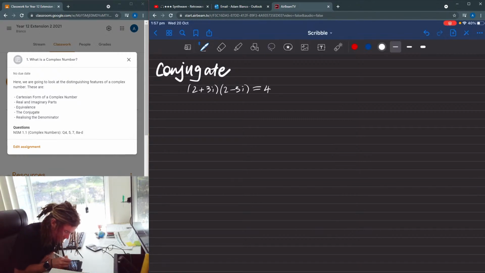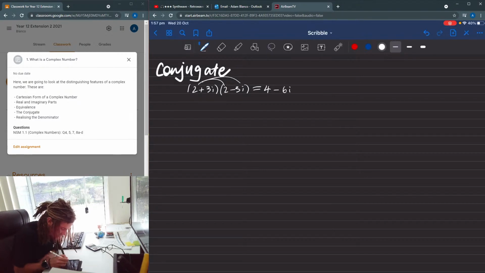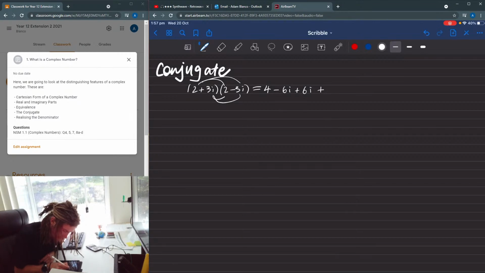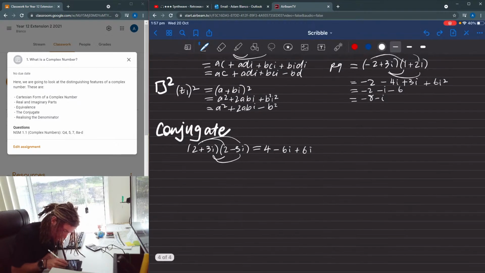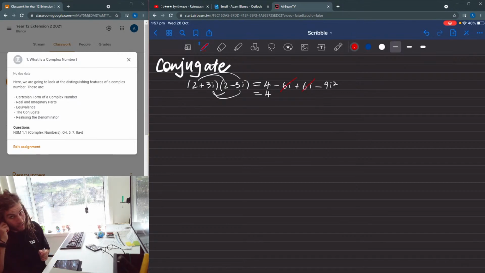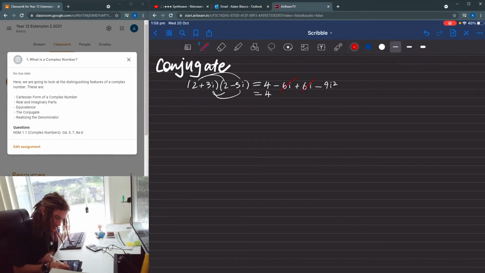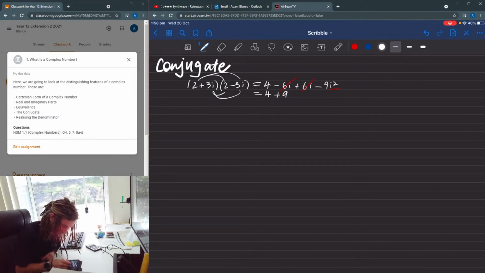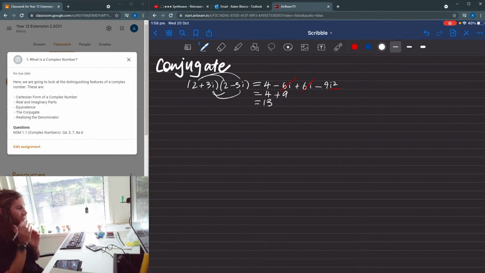I'm going to have 4 minus... It does seem childish that I'm using FOIL because this is genuinely how I work things out. Plus, minus... Whoa, minus 9 squared. What you'll notice is this. The imaginary parts always cancel. And we're left with an I squared here, which will give me this, which will give me 13.